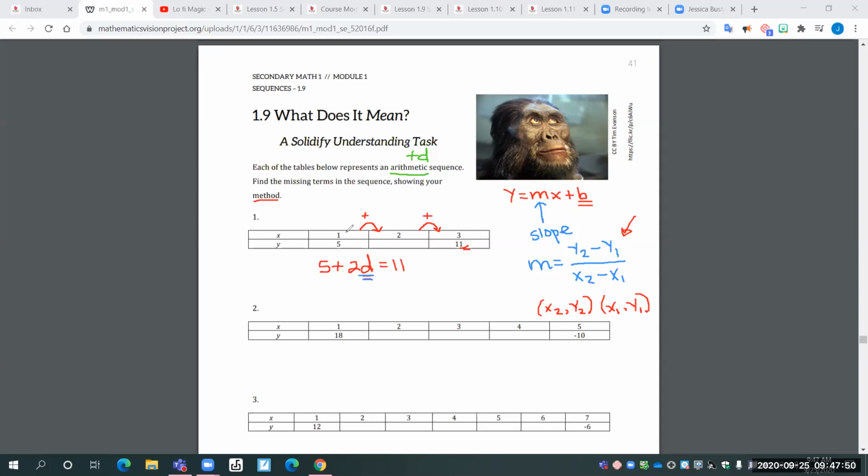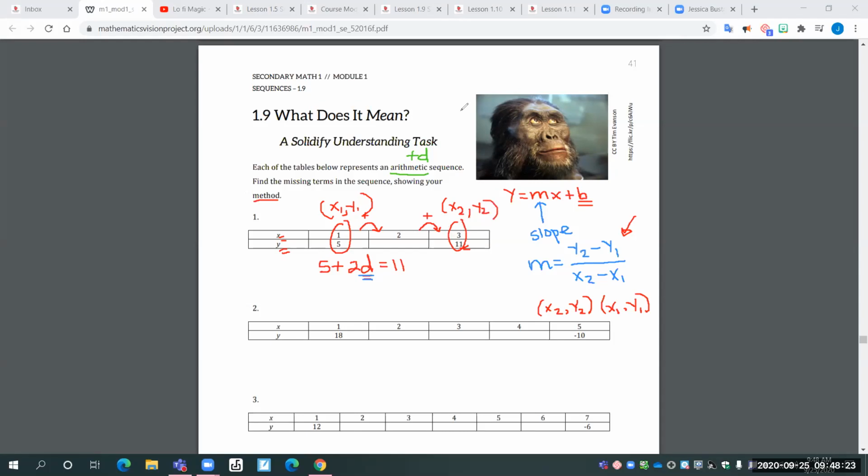If you think about it, this is a point, an x and a y. So I'm going to call it my x sub 1 and y sub 1 over here. And this is also a point, my x sub 2 comma y sub 2.